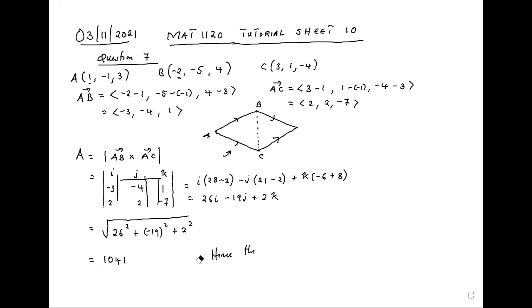Hence, the area of the triangle ABC is equal to 1041 divided by 2. So this divided by 2, we get 520.5 units squared. So this is the area. So you got the area of the parallelogram and then get its half.